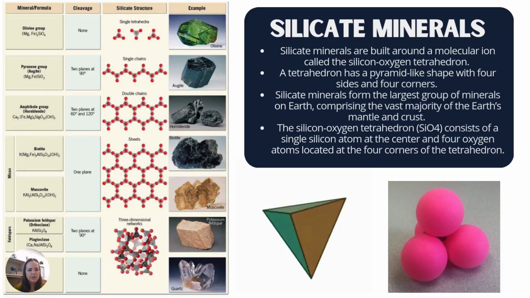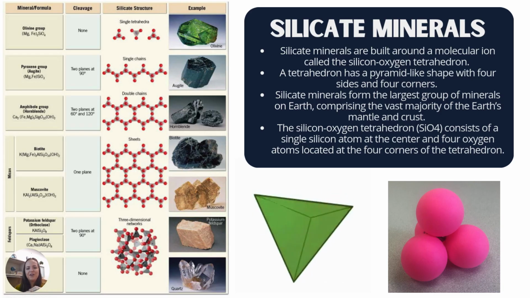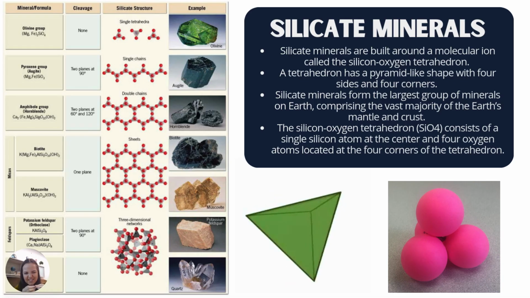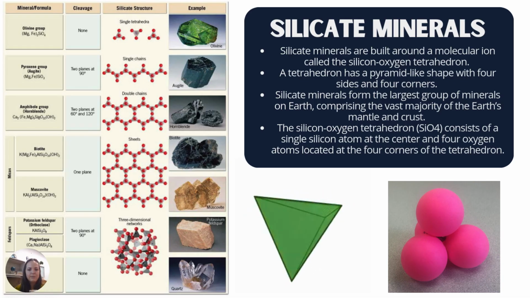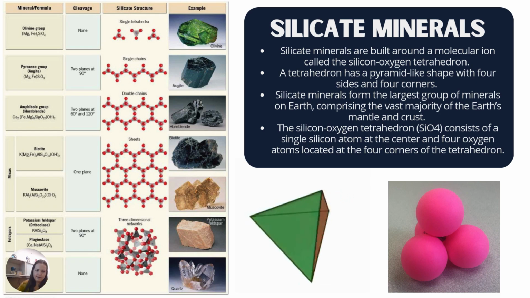The silicon oxygen tetrahedron consists of a single silicon atom at the center, and then 4 oxygen atoms around that silicon atom, and that forms that tetrahedron. The pink balls there are the oxygen atoms, and right there in the center, you can see a little bit of a dark spot between the pink balls. That is the silicon atom.